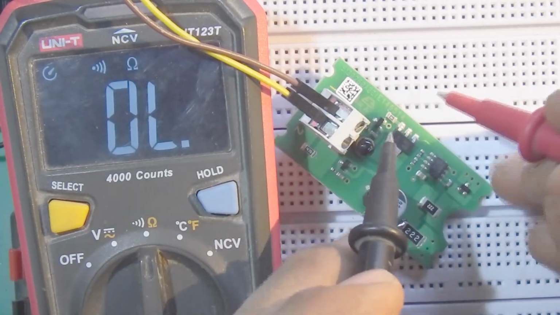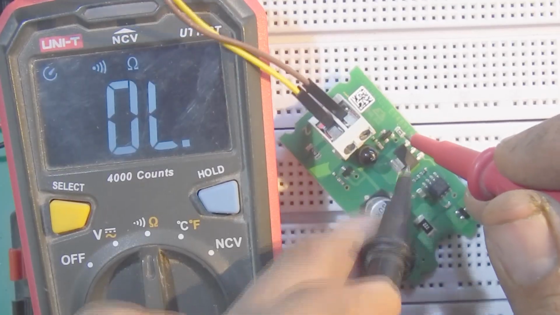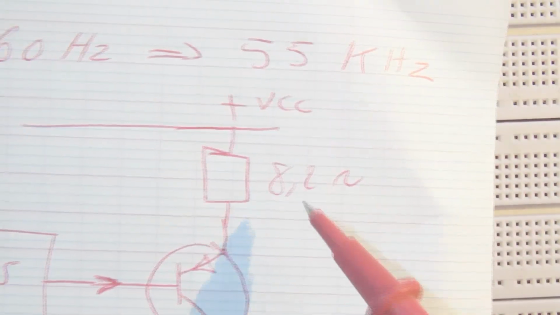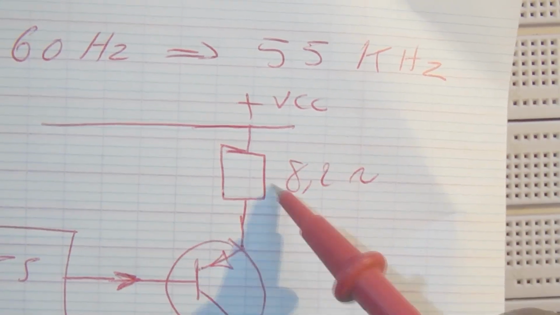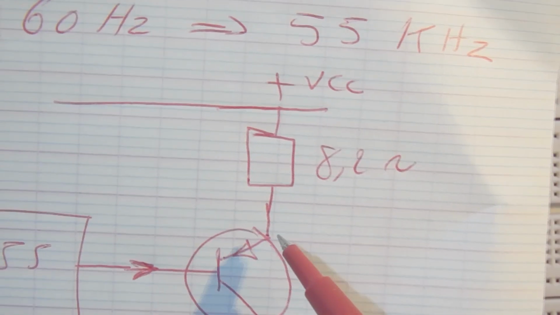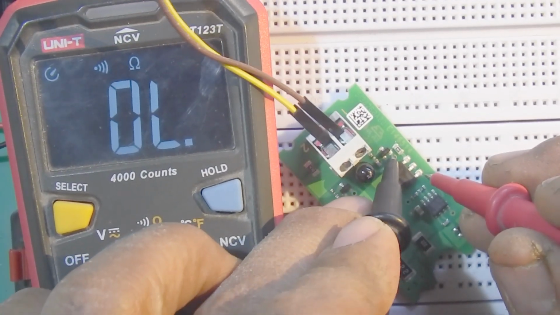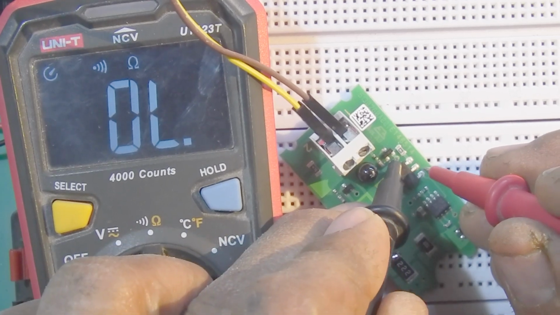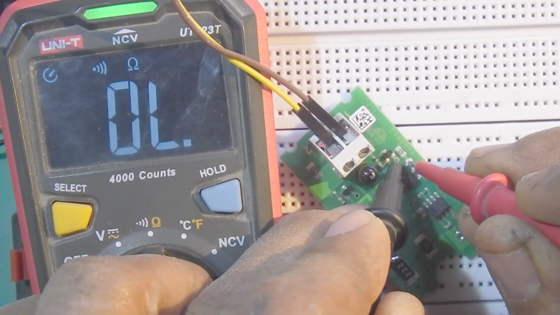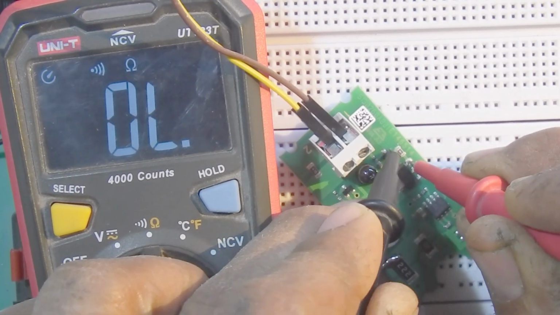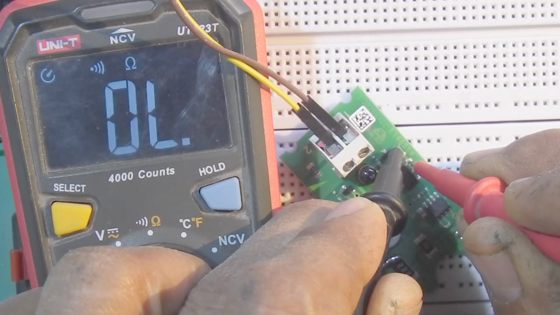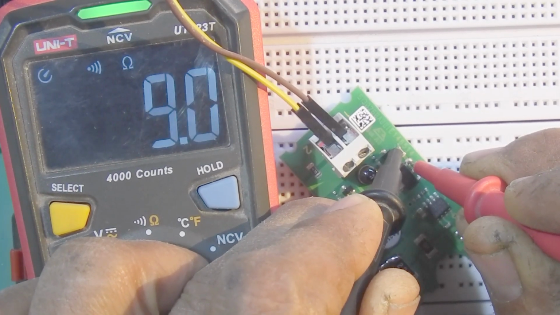After some probing, I found that the problem comes from this resistor, the 8.2 ohm resistor between the VCC and the emitter of this BGT. When I probe between those two points, sometimes I find 8 ohm, sometimes I find 60 ohm.